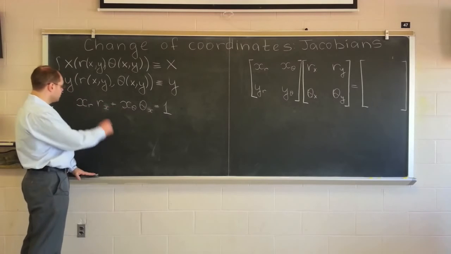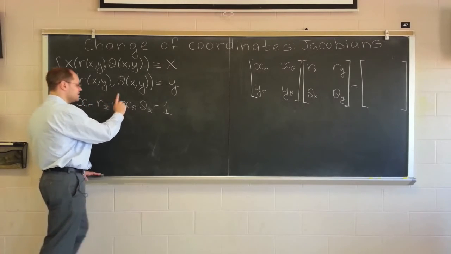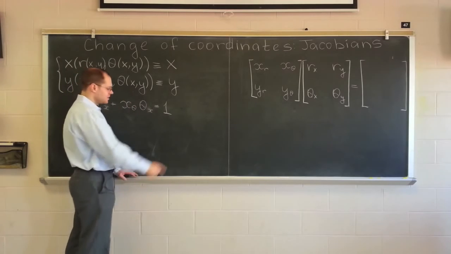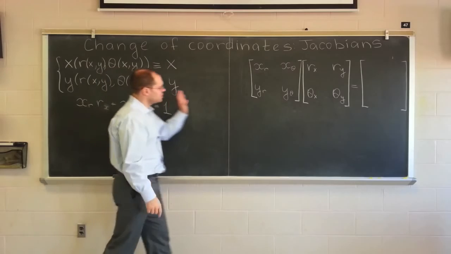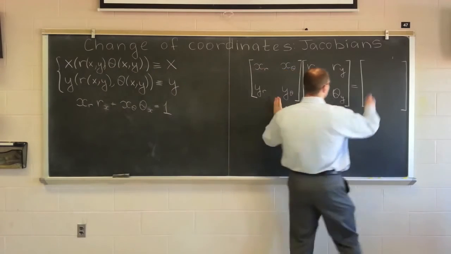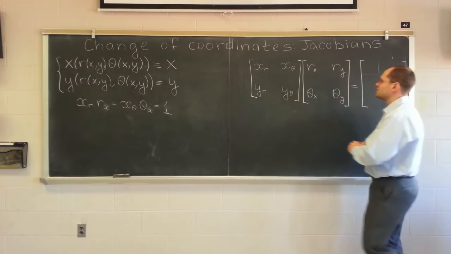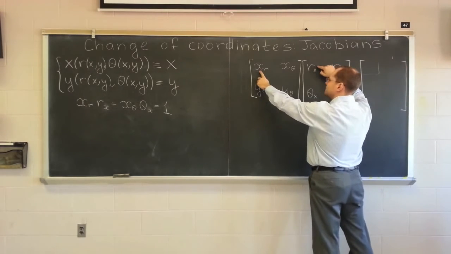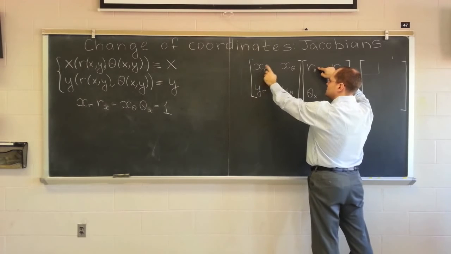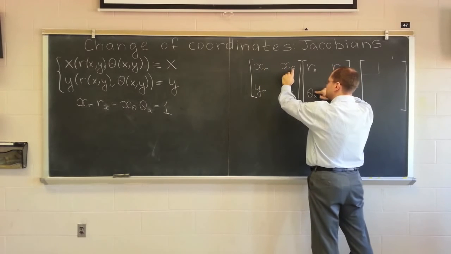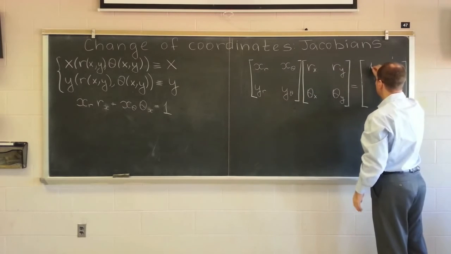Okay, dx dr, dr dx, plus dx d theta dx equals 1. That's chain rule. But now let's come over here and see what this entry is. It is dx dr, dr dx, plus dx d theta dx. So we just proved that it's 1.